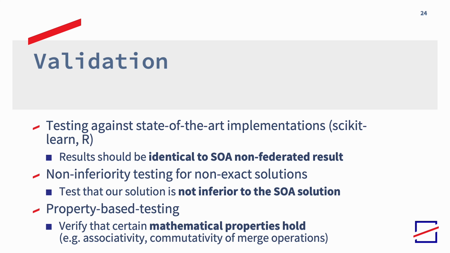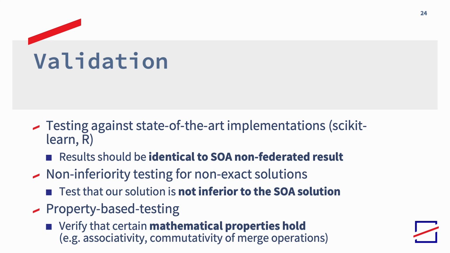For the cases where no exact solution can be found and where approximations have to be made, we have a non-inferiority testing framework. Basically, using some traditional hypothesis testing methods, we are able to test if our result is inferior or not inferior with respect to the state-of-the-art implementation.